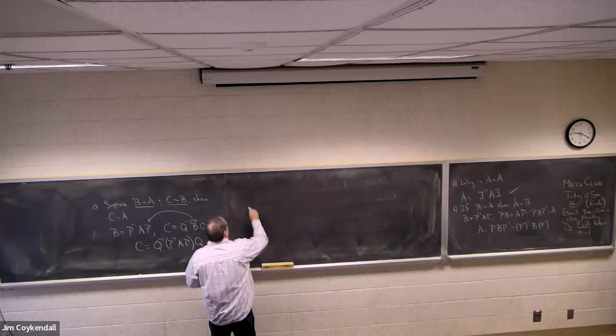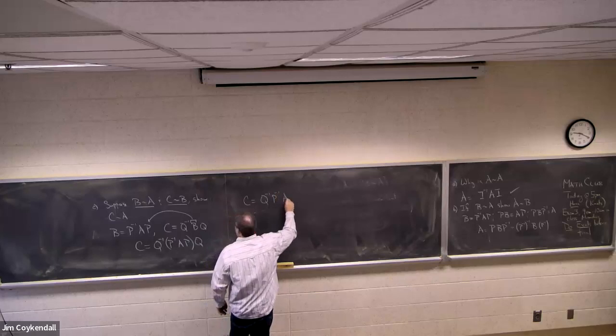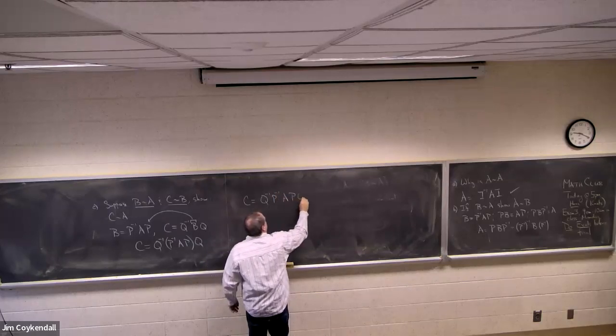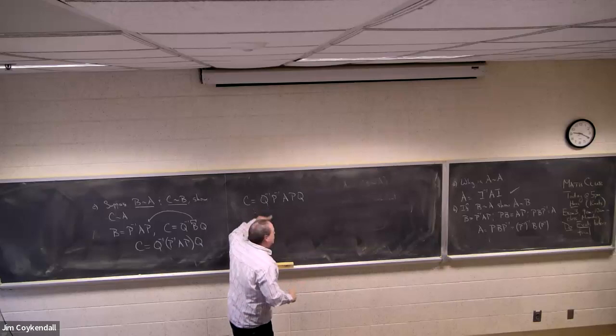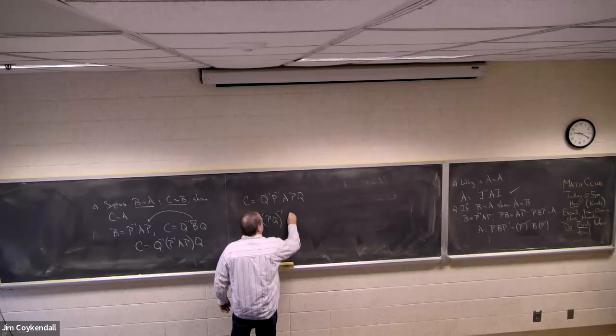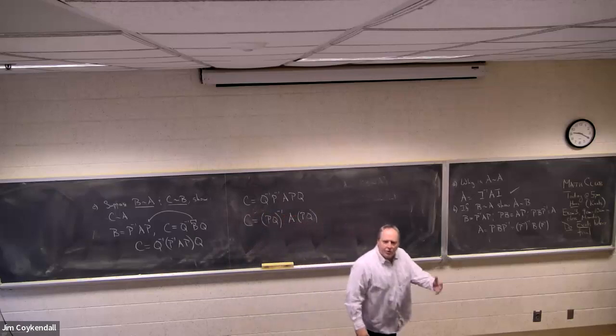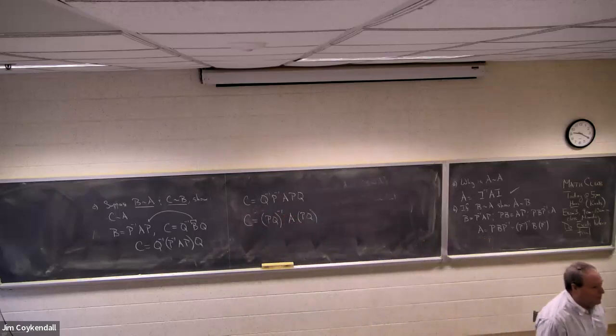So, the lucky name is PQ. So now my new invertible matrix is P times Q, right? Everybody okay with that?